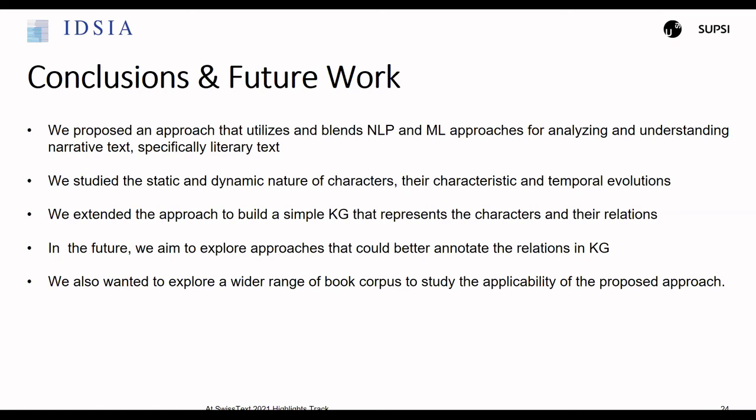But in general, I could say that all the approaches that we have used, for example entity extraction or relation identification, can be easily extended to other fields. For other fields, there may need to be a specific named entity recognizer, so in those aspects it could change, but the general approach can be extended.